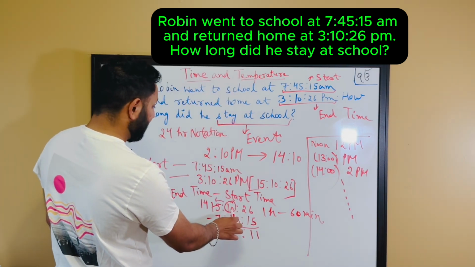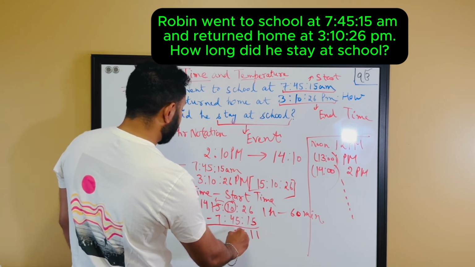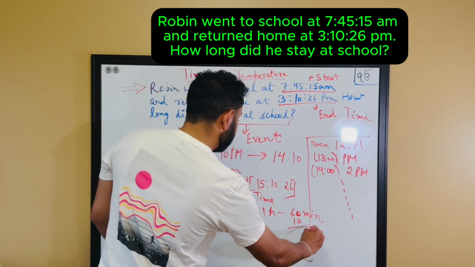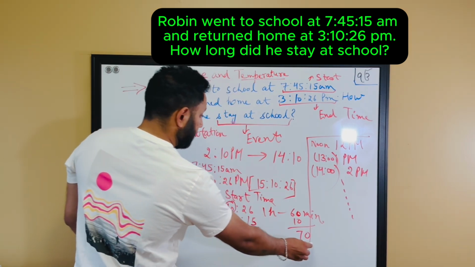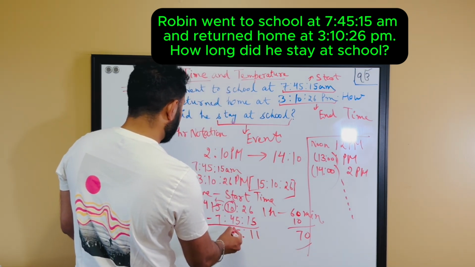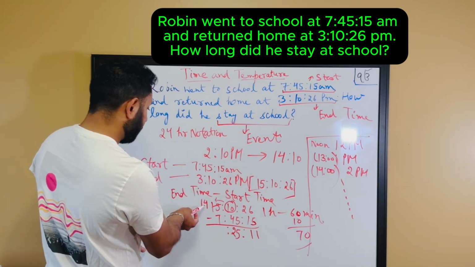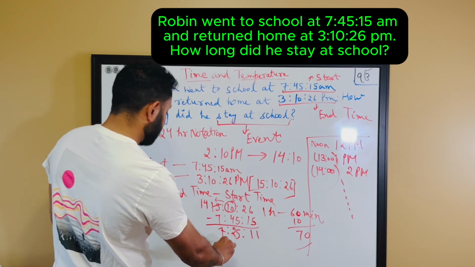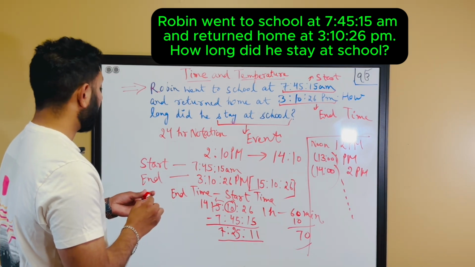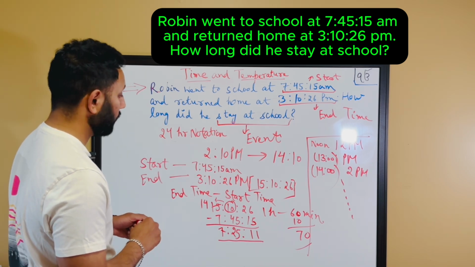So we already got 10 here, so 60 plus 10 is 70, and 70 minus 45 comes out to be 25. And here we got 14, and 14 minus 7 is 7. So Robin spent 7 hours 25 minutes and 11 seconds at school.